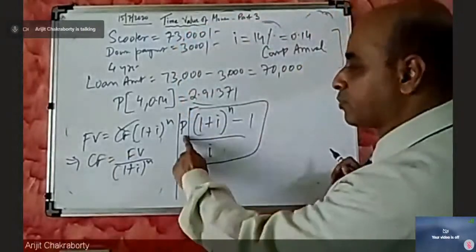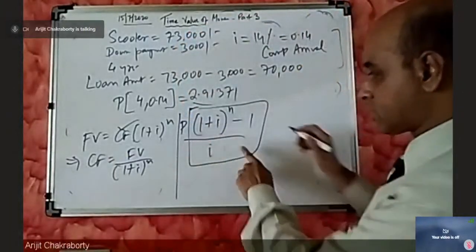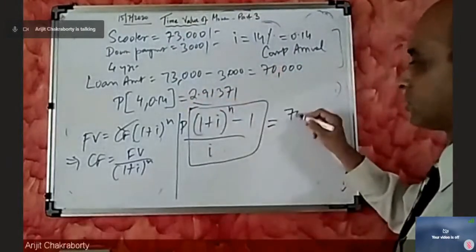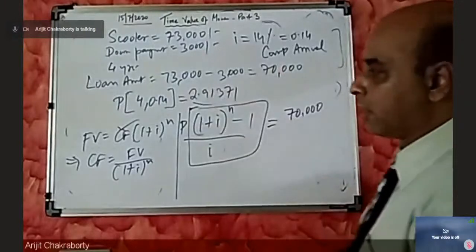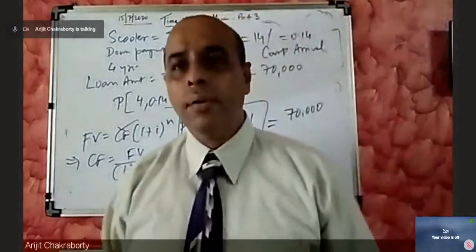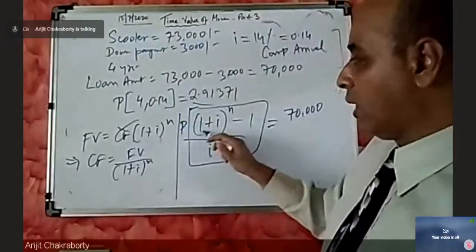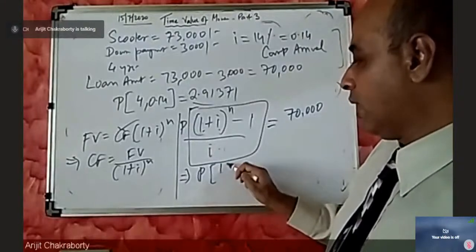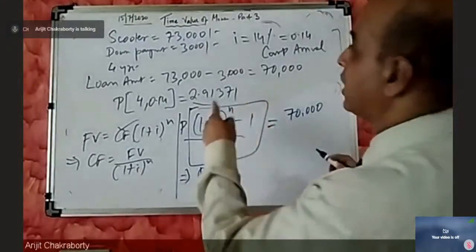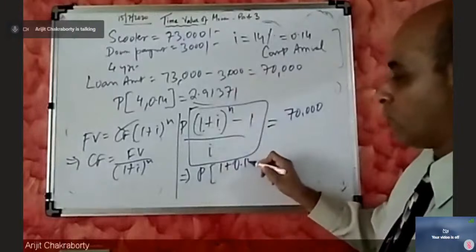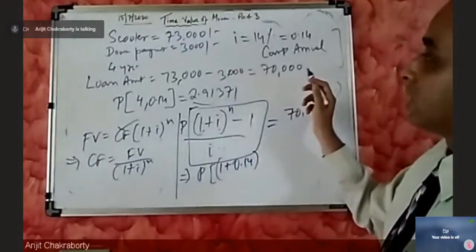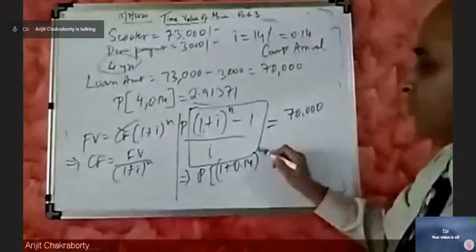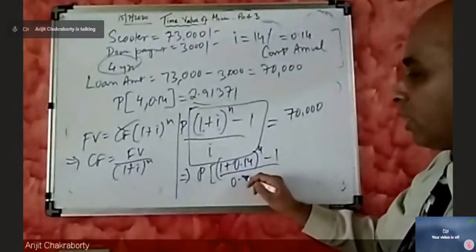Therefore, we have to find out the principal amount. P into this gives you 70,000. The loan amount is 70,000. Therefore, this total value, P into 1 plus I to the power n minus 1 by I, where I is 14%, 0.14, and n is given as 4, that is 4 to the power 4 minus 1 by 0.14.